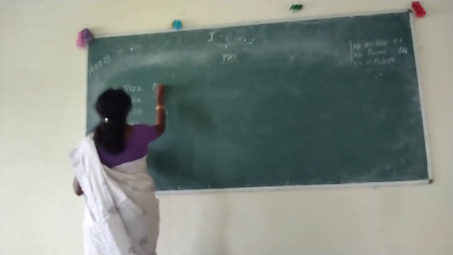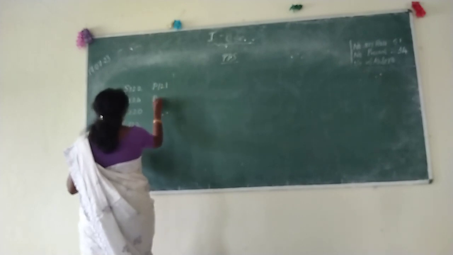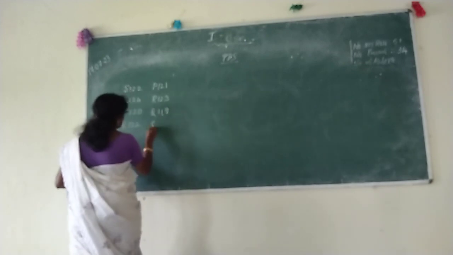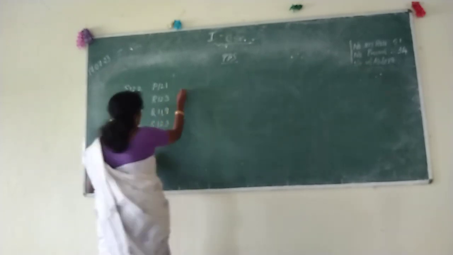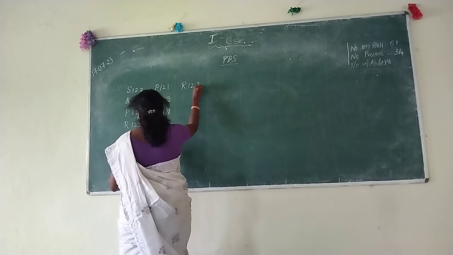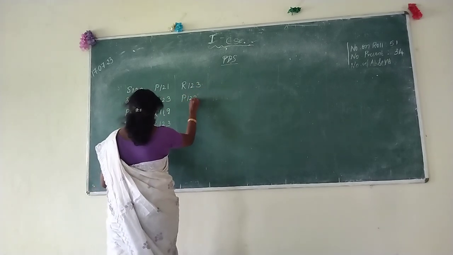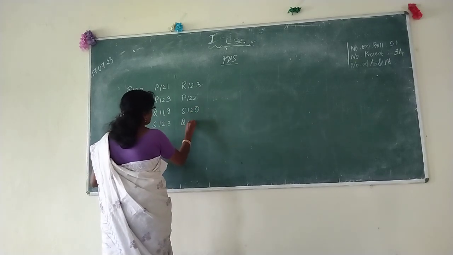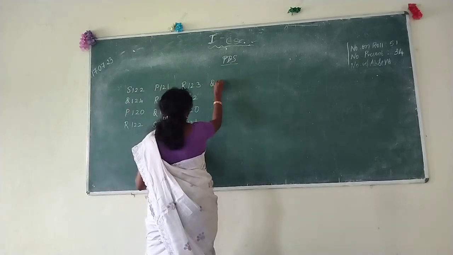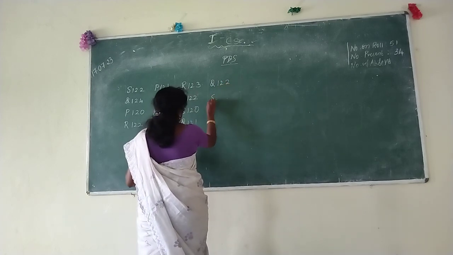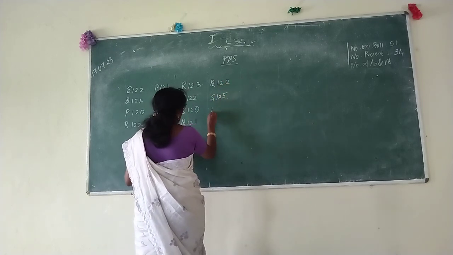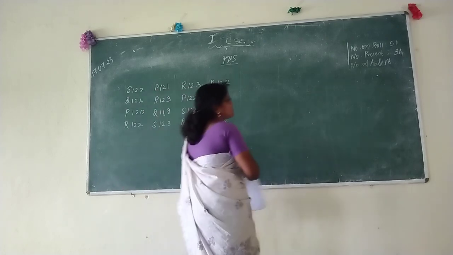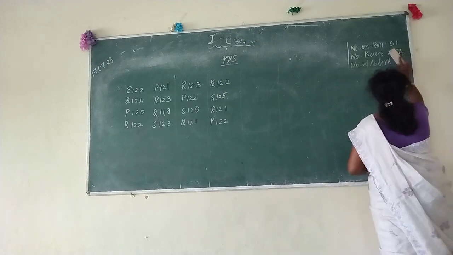Next one, P 121, R 123, Q 119, S 123, R 123, P 122, S 120, Q 121, Q 122, S 125, R 121, P 122. This is the given yield data.